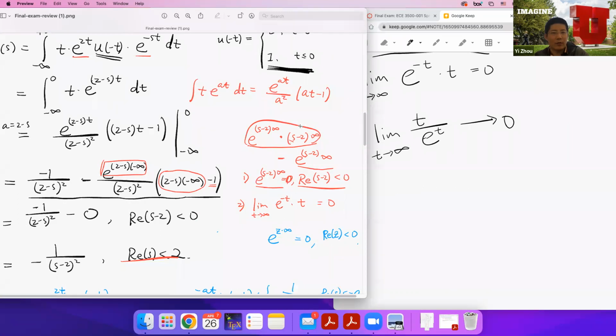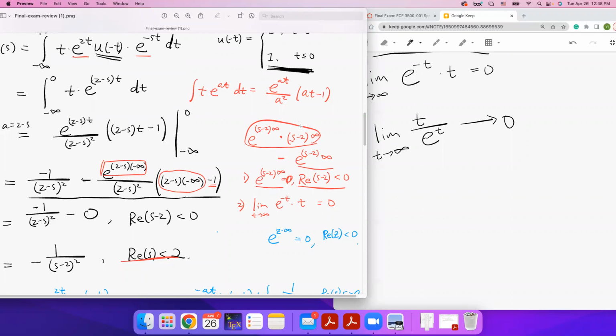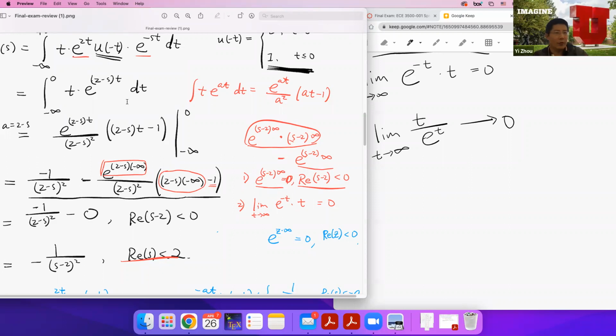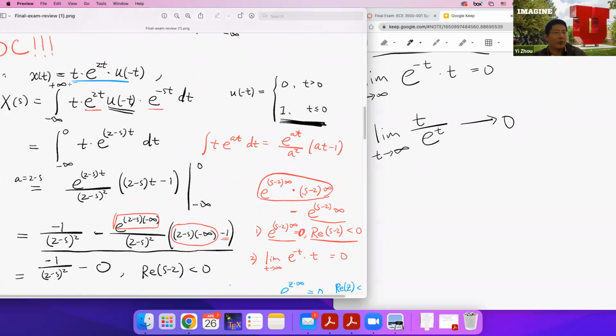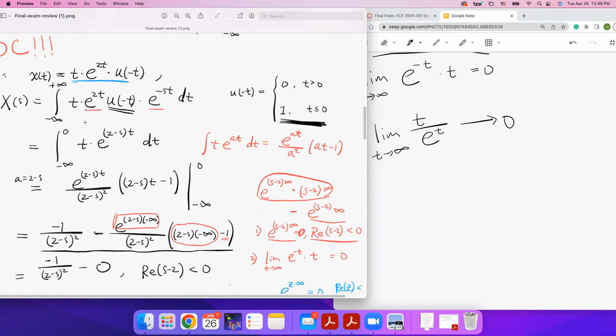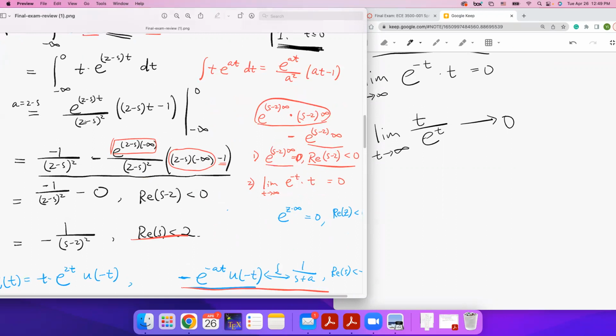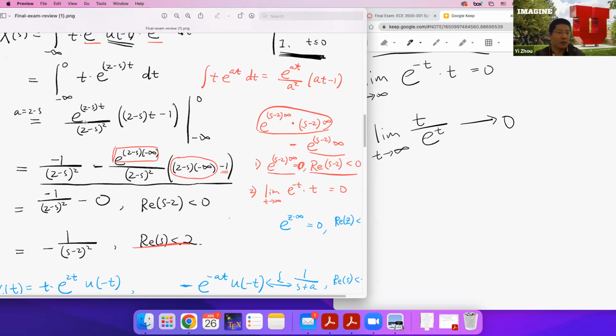When we're doing the ROC, are we supposed to look at the exponential function or the Laplace transform? So we are calculating the Laplace transform of this signal following the definition, right?